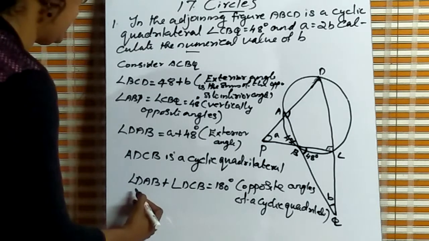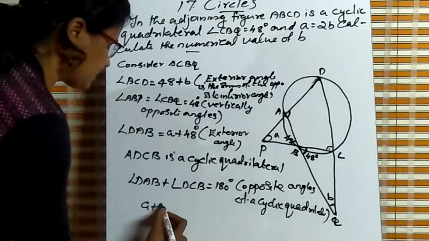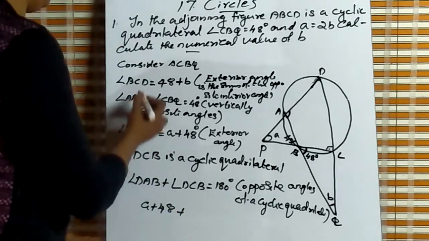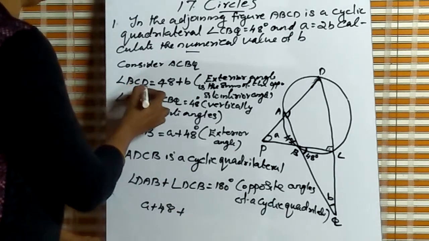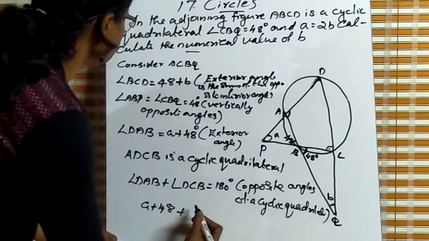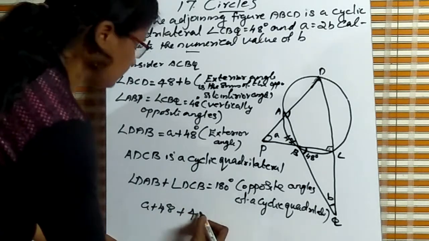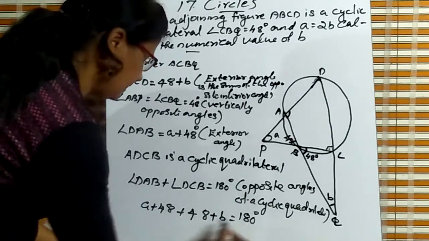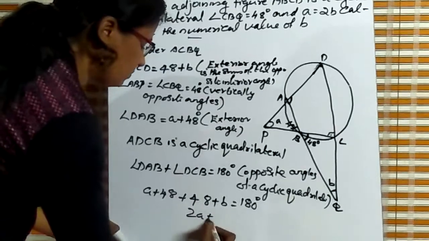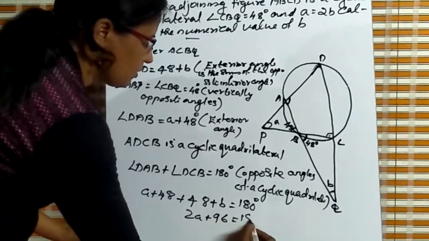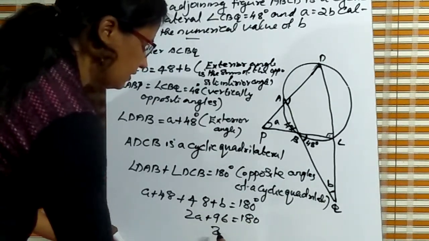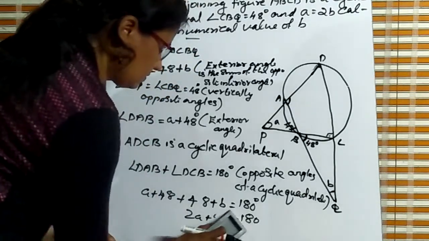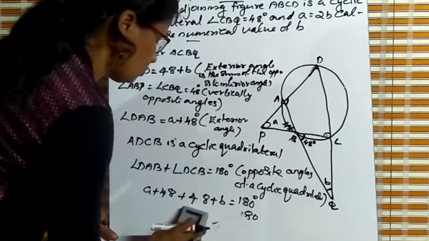What is angle DAB? A plus 48, plus what is angle DCB? DCB is the same as BCD, 48 plus B, is equal to 180. 2A plus 96 plus B. Sorry.